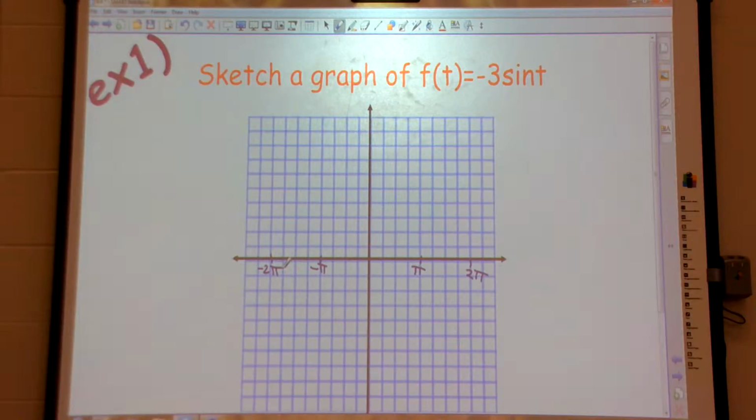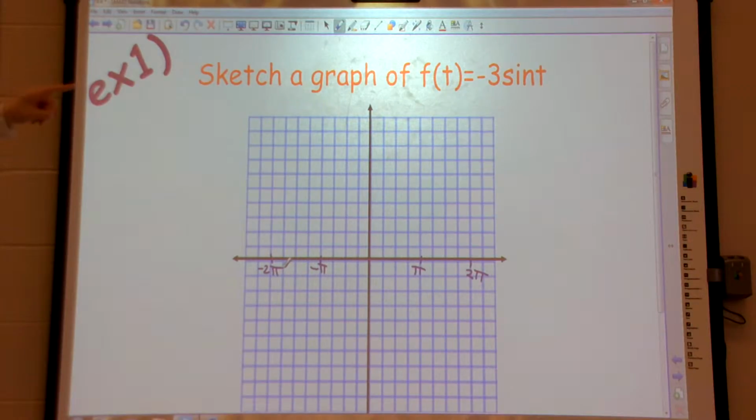How high is sine right now? 3. Thank you. If it's 1 right now and I stretch it by 3, isn't that still going to be 3? You with me? A common misconception is that if it's 1 and you stretch by 3, it has to go to 4. No, no, no. Stretching to 3.